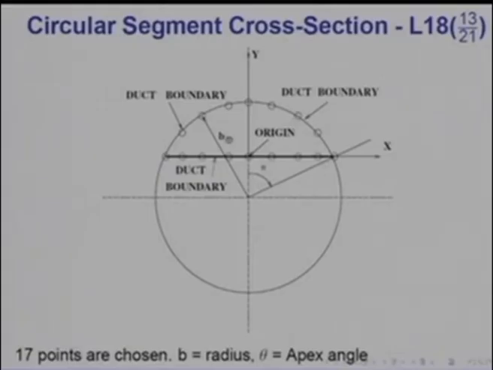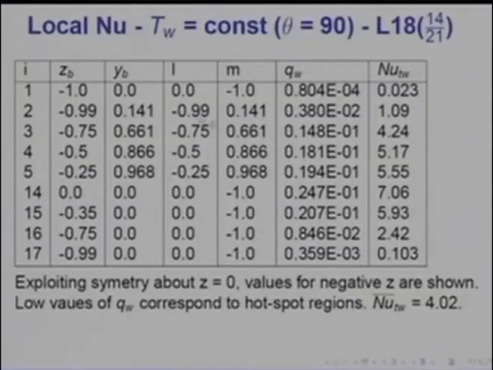So we expect symmetry about this y axis. I am giving you solutions only on the left hand side to save space on this slide. So you will see minus 1, minus 0.99, minus 0.75, minus 0.5, all these are on the negative side of Z, and so are these.